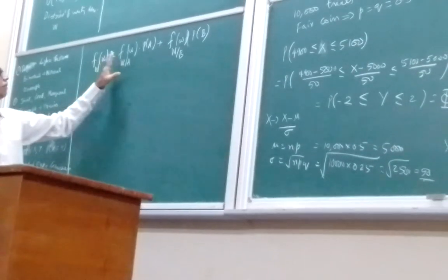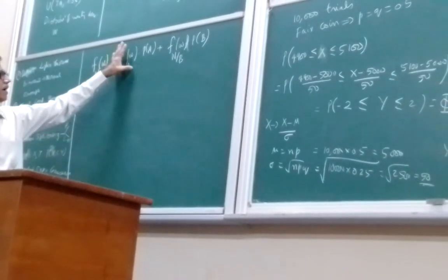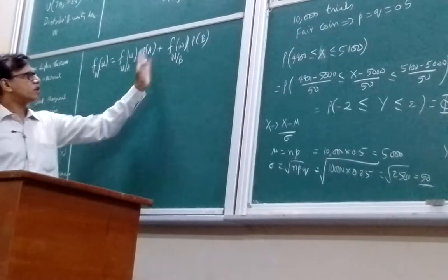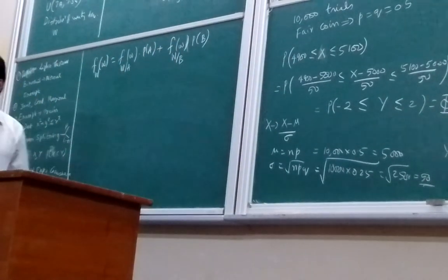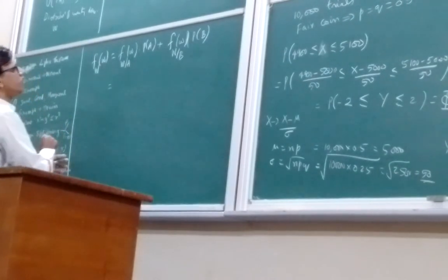Because you put a condition, you get the density function. These are two conditions weighed by the corresponding probabilities. So this is very easy to find.